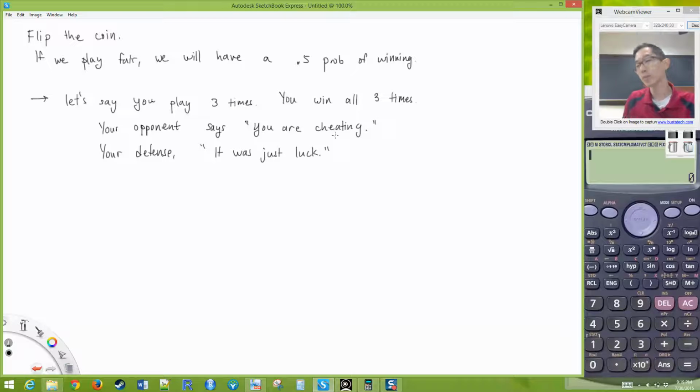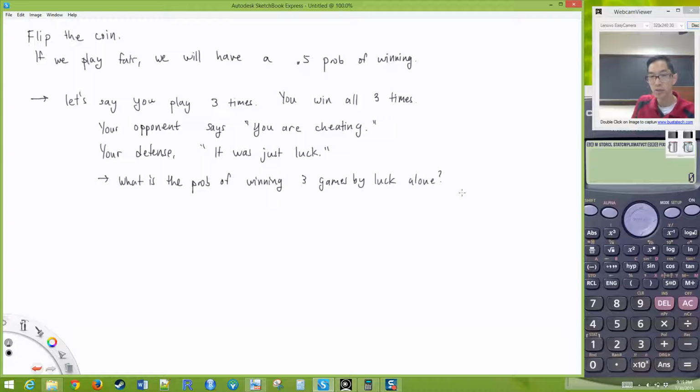And we can see, well, could you win 3 games out of 3 just by luck? So we ask, what is the probability of winning 3 games by sheer luck? And we would say, well, that's going to be 0.5 times 0.5 times 0.5, right?